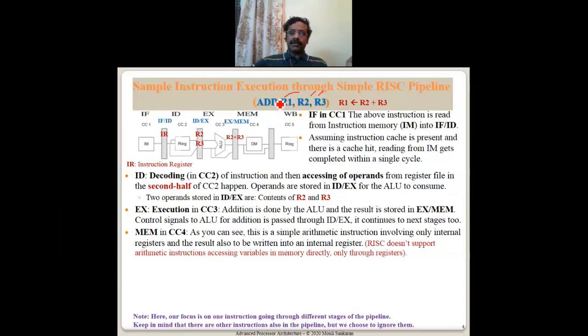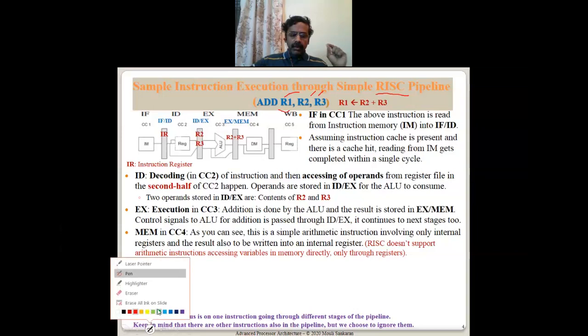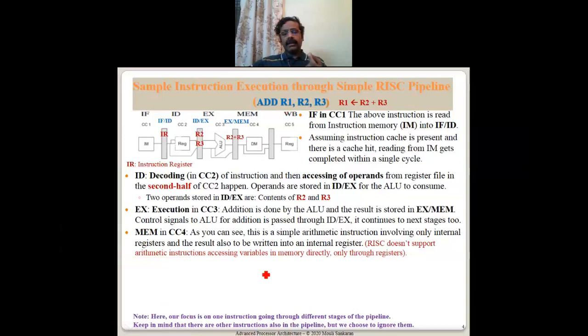Normally in all RISC processors, arithmetic or logical operations have the destination also as a register, need not be a memory. But it is not true with a complex instruction set computing processor. As you are aware, this is a RISC pipeline, so we don't have to worry about memory operands in this instruction. I am just bringing out those things so that while you are learning about RISC, you also know what is normally done in a RISC processor.